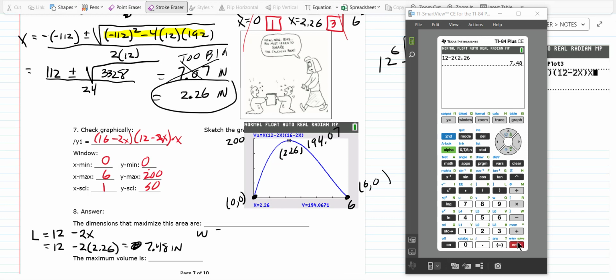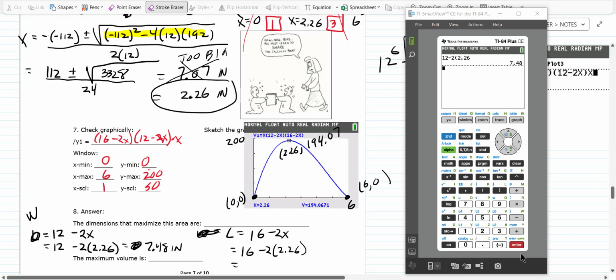And then the width was, or hold on, this was the width. It doesn't matter which is which. The length is usually the longer side, so that was 16 minus 2x. So we'll do 16 minus 2 times 2.26. That'll give the length.